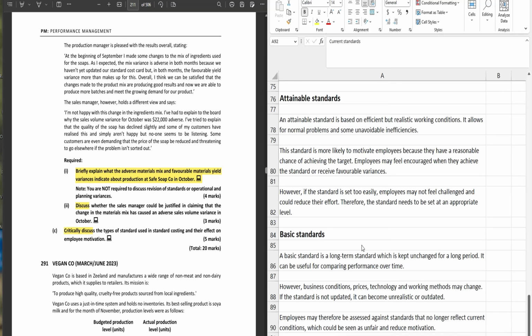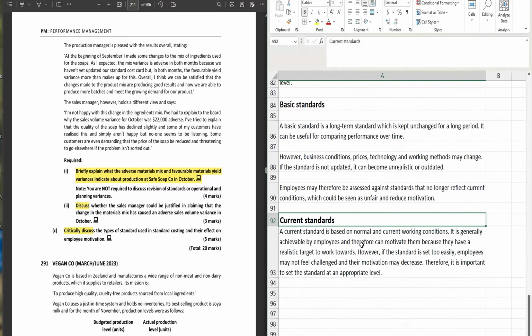However, business conditions, prices, technology, and working methods may change. So if we don't update the standard based on the situation, it may become unrealistic or employees may feel it is outdated. Therefore employees may be assessed against a standard that no longer reflects their current condition, which could be seen as unfair and reduce their motivation level.